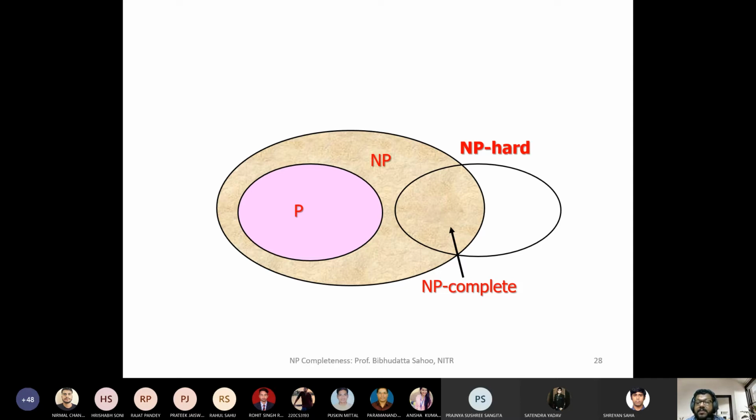Assume that first; then we'll come to reducibility. We assume that a problem is NP complete. So far we have not discussed the definition, but that problem belongs to NP. Out of the problems belonging to NP, there is a problem P1 which is NP complete. Are you accepting that or not, first?